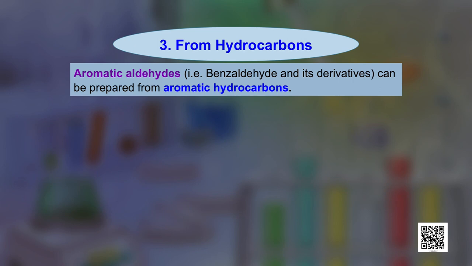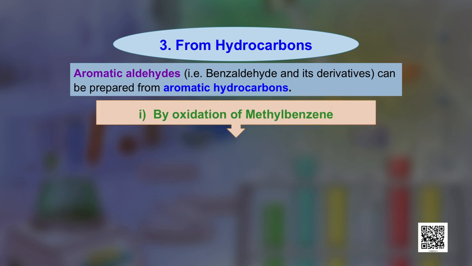Aromatic aldehydes, that is benzaldehyde and its derivatives, can be prepared from aromatic hydrocarbons. The first method is by oxidation of methylbenzene.